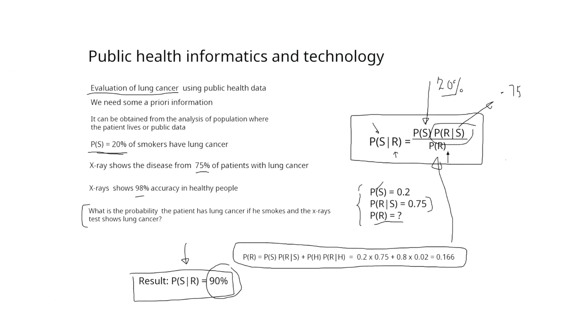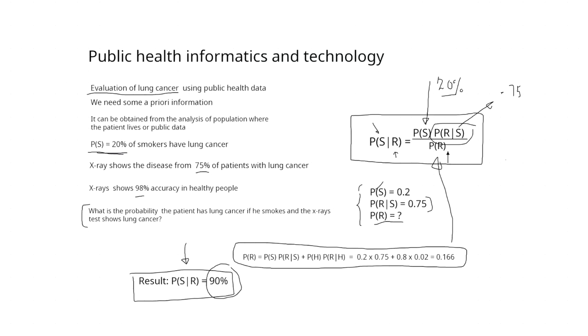But with this 90%, it's already an indication that the person should start a cure treatment, or the doctor may order additional tests. But this is very valuable information for the doctor.